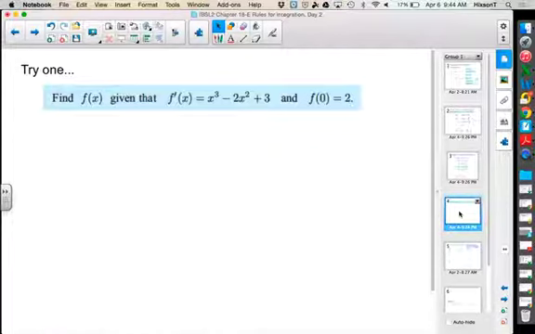You plug in 0, and then you set this equal to 2 and plug in 0. You have to, because you have to find substitution. So 2 equals.